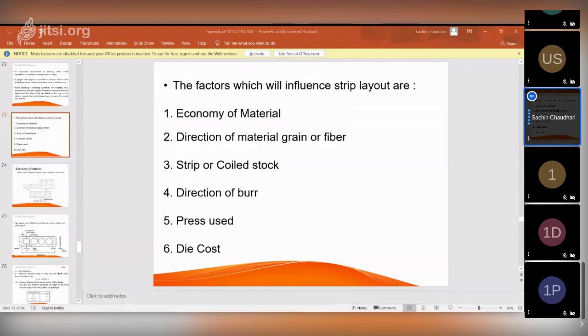And why is it so? Because when sheet metal strips are rolled in the mill, okay, I sent you a video just before the class started, which showed how sheet metal is made. So that is a hot roll process.